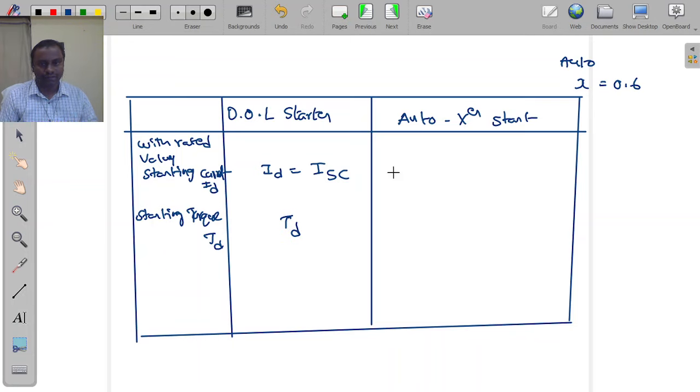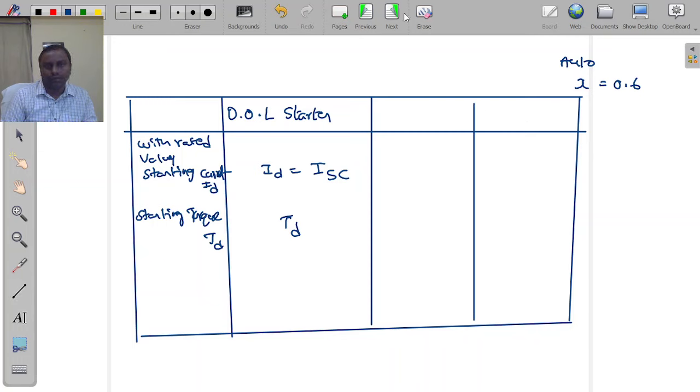This is the DOL starter. Now we have star delta also, and the auto transformer start. In star delta starter, starting current will become ISC divided by root 3.